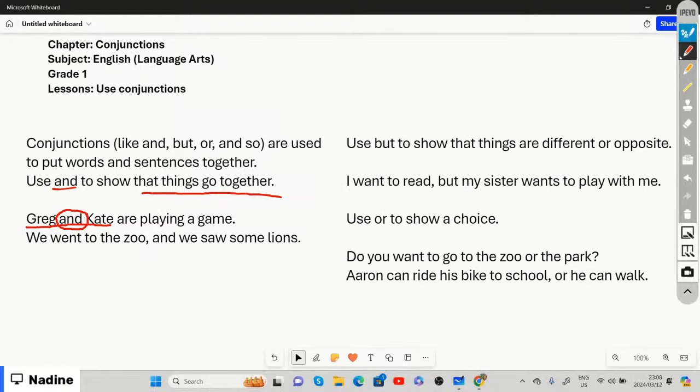So it's Greg and Kate playing a game together. It brings things together, or shows that things go together. And that is words that show that things go together, right?